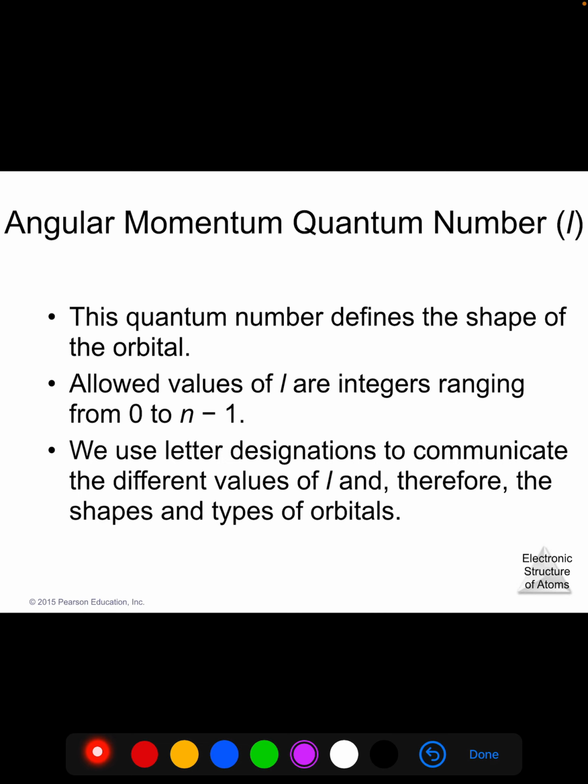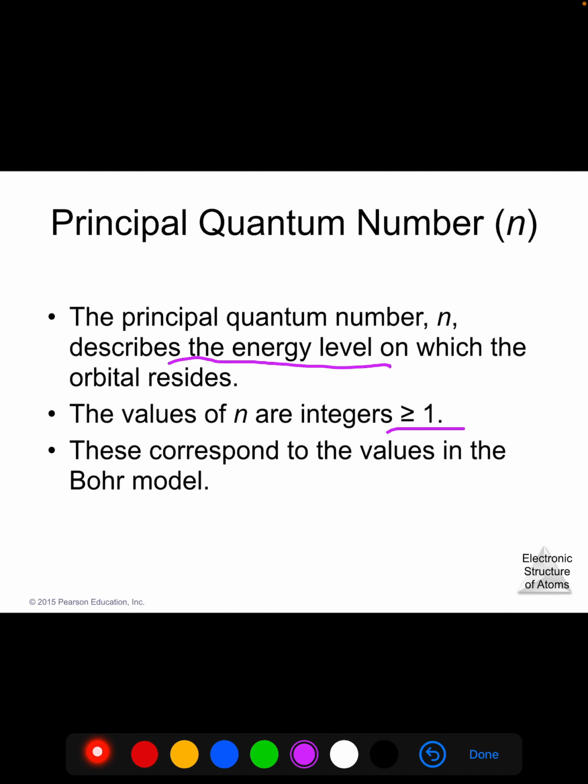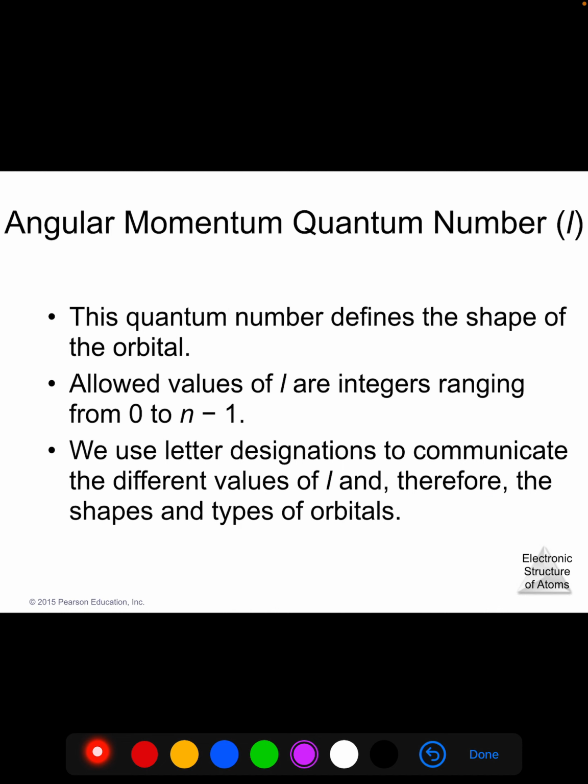The other one, the angular momentum quantum number, that helps us discuss and describe the position, are values that range from 0 to n minus 1. So if you have an energy level 1, it can be 0.